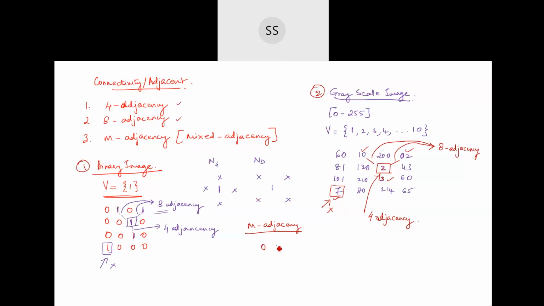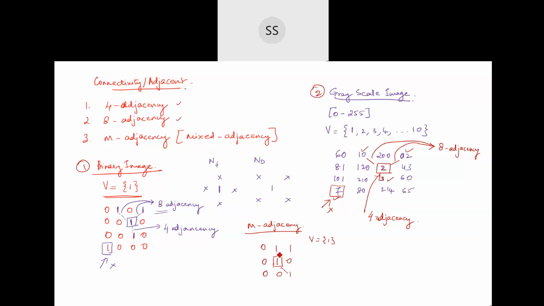Now, if you have pixels like this, we are going to take an example of a binary image. So you have 0, 1, 1, 0, 1, 0, and you have 0, 0, 1. Then I select a particular pixel here and try to find its connectivity, because V is equal to 1. So I am only considering pixels which have the value 1. That is the important point. Now, if you see here, I can connect this one with this one in a diagonal way.